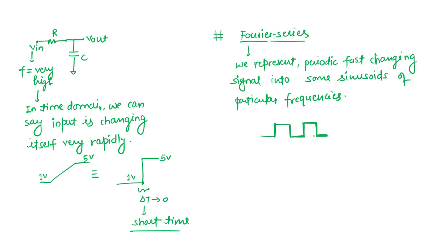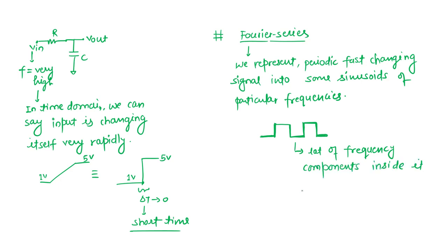So I will say this sudden transition means very high frequency. It means this square wave has a lot of frequency components inside it.